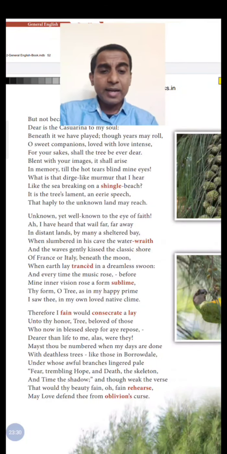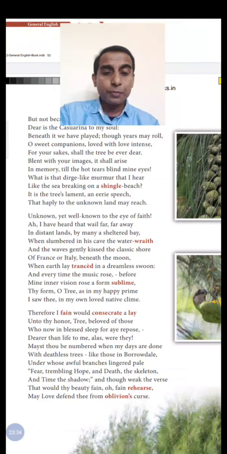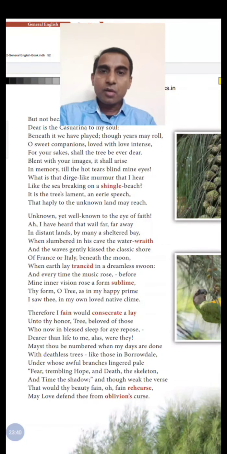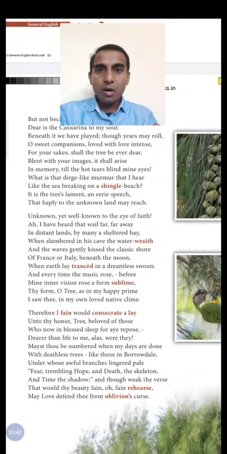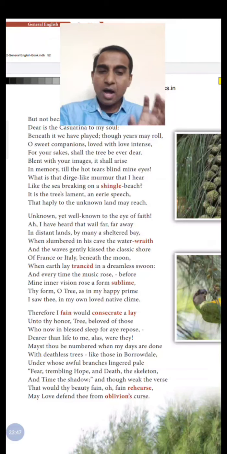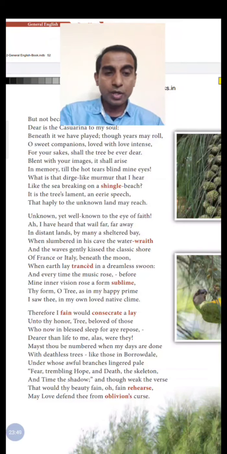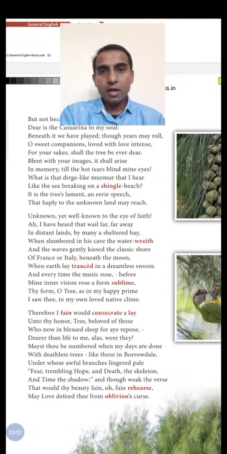And when earth lay tranced in a dreamless swoon, and every time the music rose before, mine inner vision rose a form sublime. When earth lay tranced, the earth is almost coming to a halt, in a half conscious state, in a dreamless swoon. Swoon here means faint from extreme emotion, almost fainting. The earth is almost about to faint here.